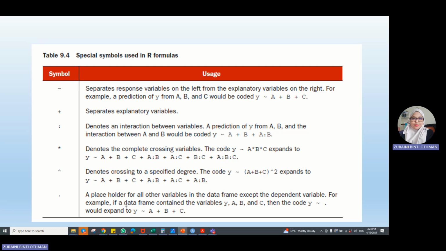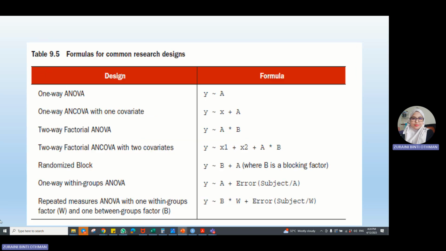For example, if the data frame contains the variables y, a, b, and c, the code y tilde dot will expand to a plus b plus c. No need to put all the factors; it can account for a plus b plus c by putting the dot only.